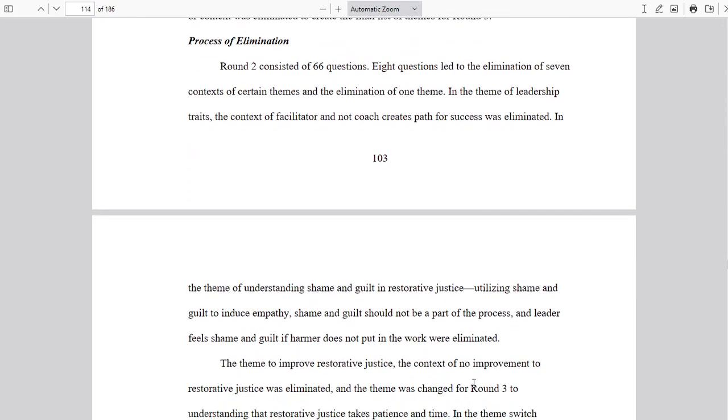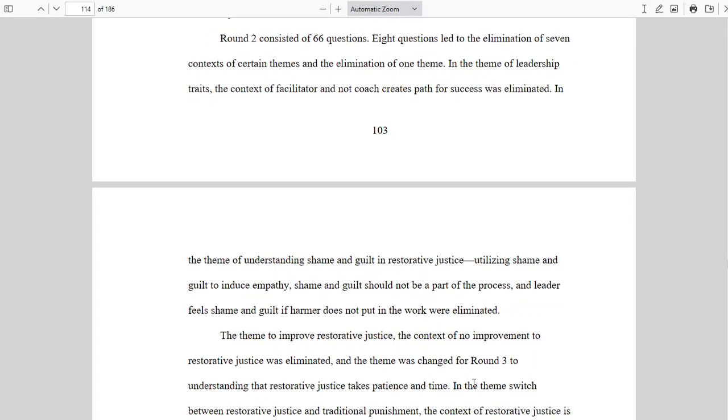In the theme of understanding shame and guilt in restorative justice, utilizing shame and guilt to induce empathy, shame and guilt should not be a part of the process, and leader feels shame and guilt if the harmer does not put in the work, were eliminated.